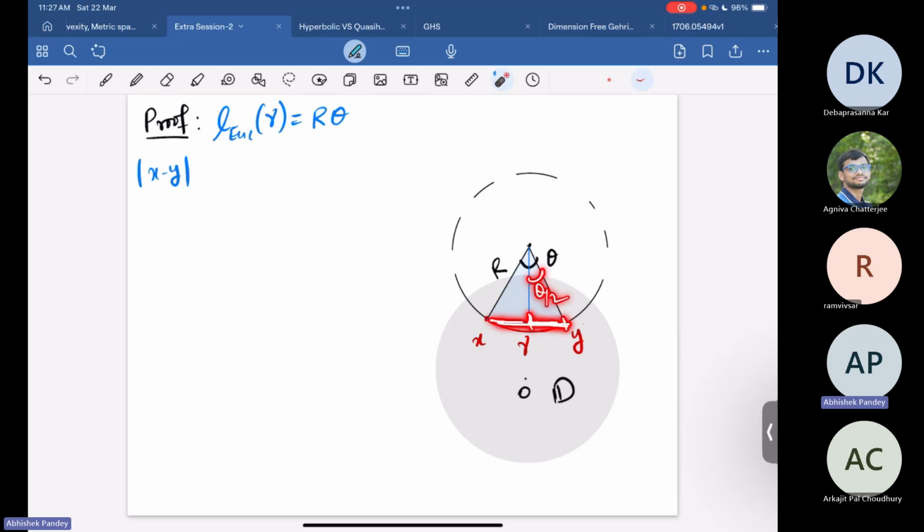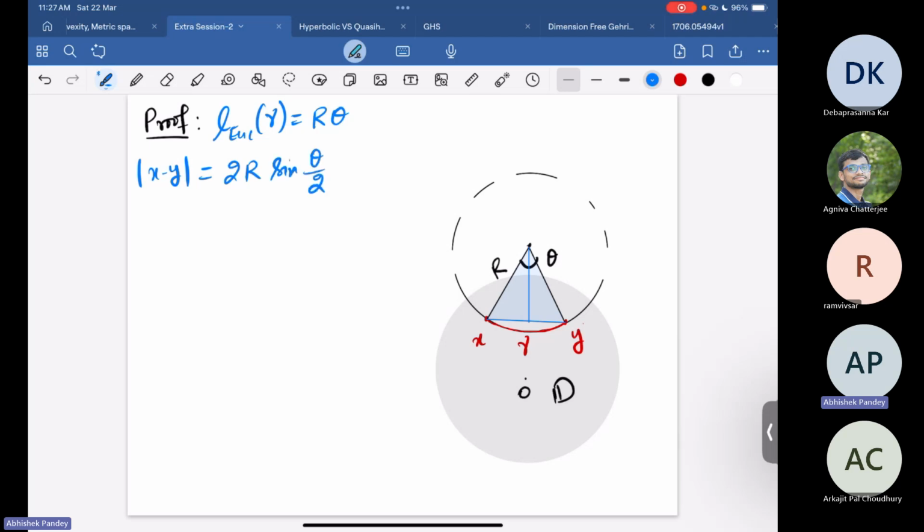We'll use sine theta by 2, which is this part upon this part. So x minus y is equal to 2r sine theta by 2.